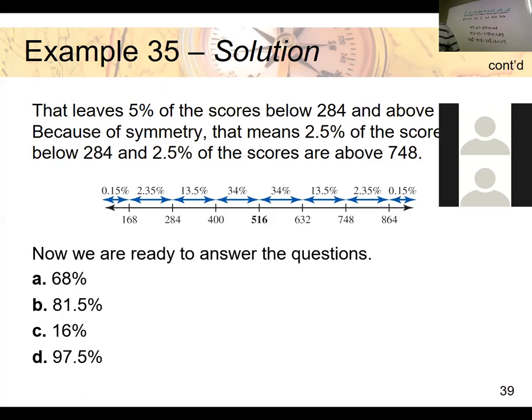So 97.5% of the test scores were more than 284. Okay. Questions on that?